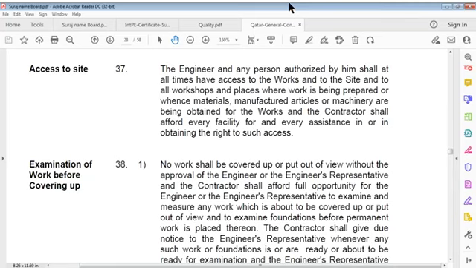Engineer or person authorized by him shall at all times have access to works and to site and to workshops and places where work is being prepared, whence material, manufactured articles or machinery are being obtained for works, and contractor shall afford every facility.